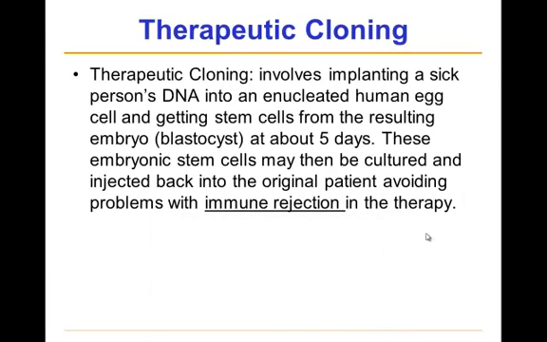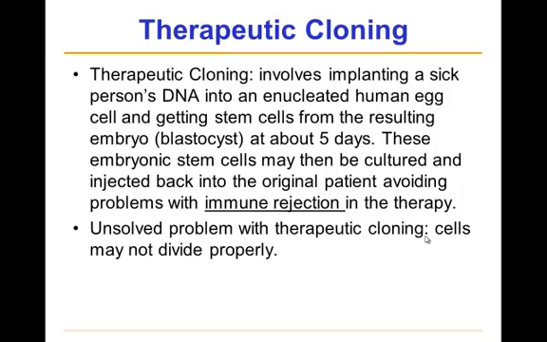There is, however, it's not like therapeutic cloning is all worked out and working perfectly. There are really virtually no therapies that are approved by the FDA using embryonic stem cells at this time, and that's because there are, as I said, a few problems that have not been solved. The cells may not divide properly.